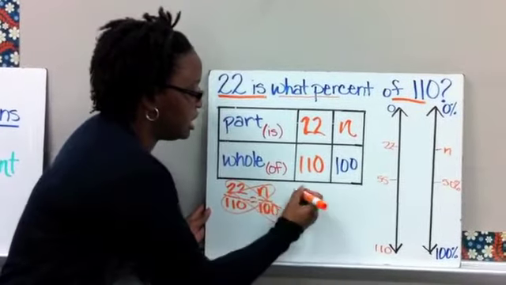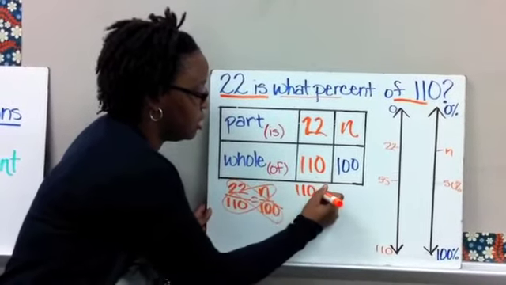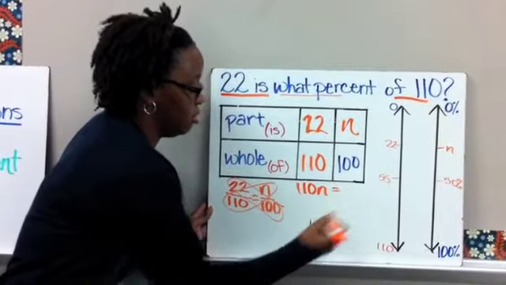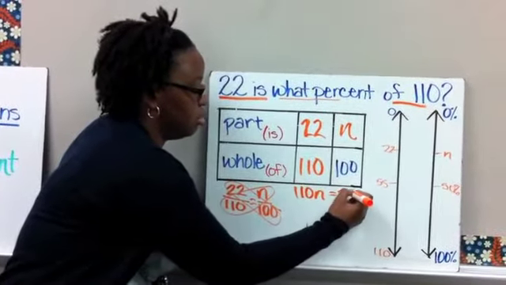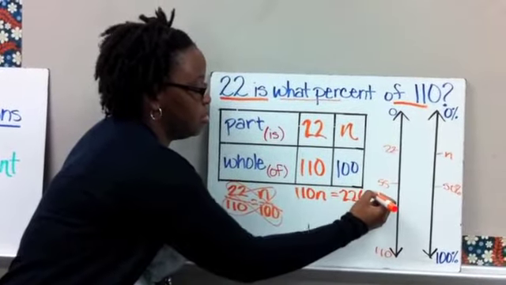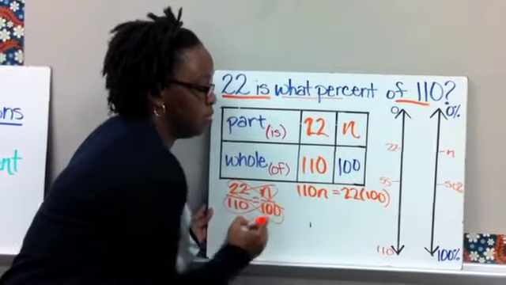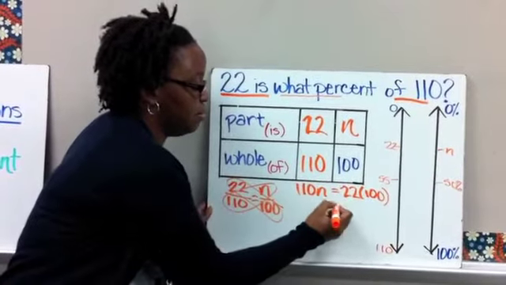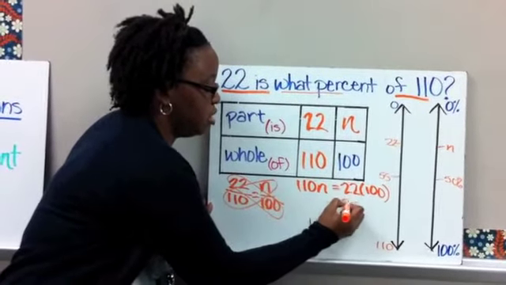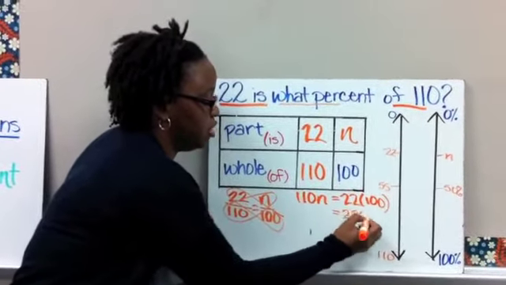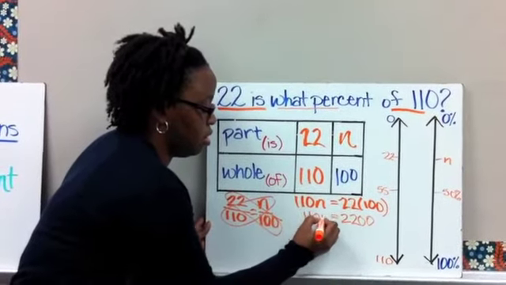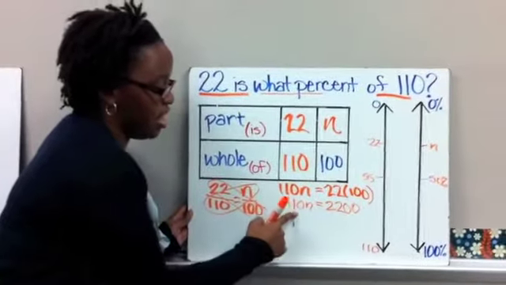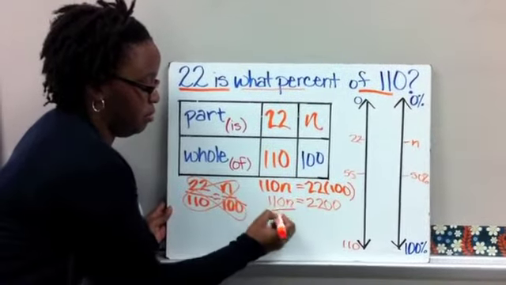So 110 times n should be equal to 22 times 100. I'm going to go ahead and simplify 22 times 100 is 2200. And then divide that by 110.